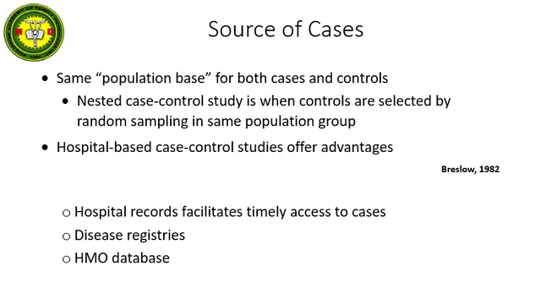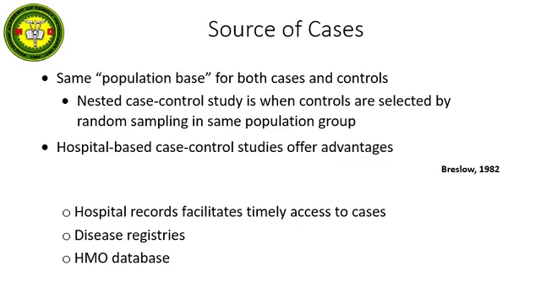And that is called a nested case control study. So when you select your controls and cases in the same population group, that is called a nested case control study. So a hospital-based case control study offers some advantages as far as population bias or selection sampling bias is concerned.